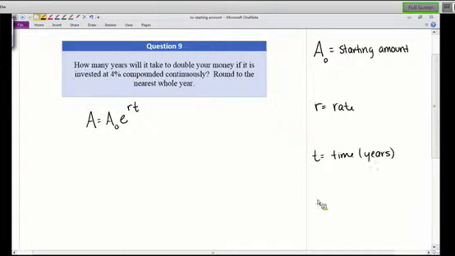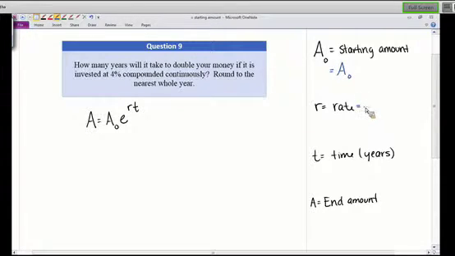And A represents your ending amount, so how much you're going to end up with after T time has passed. Our starting amount, we're not told what it is. Therefore, A sub 0 will remain the same.